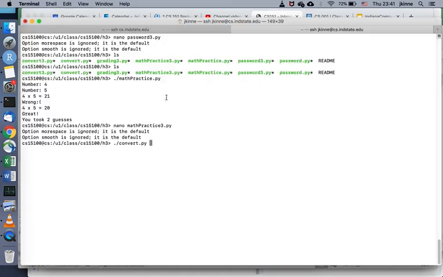So if we run it, I want to convert from miles to AU, and I want to say 100 million. 100 million miles converted to astronomical units is 1.069.